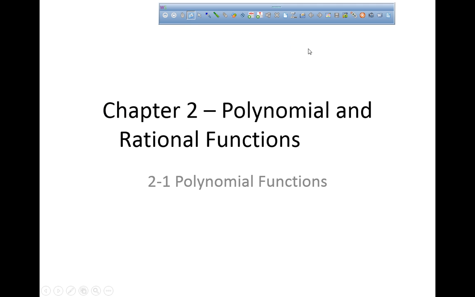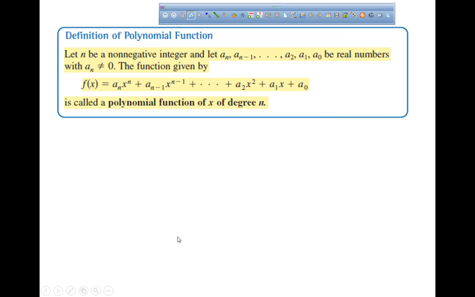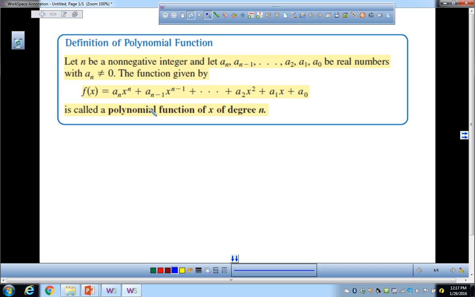So this is all about polynomial functions, and they take this form, okay? Polynomial functions are functions like, for example, f of x equals 6x to the 5th minus 3x to the 4th plus 2x plus 1.